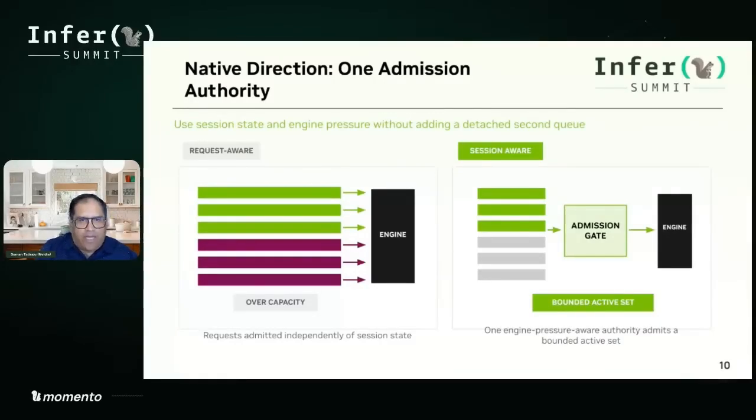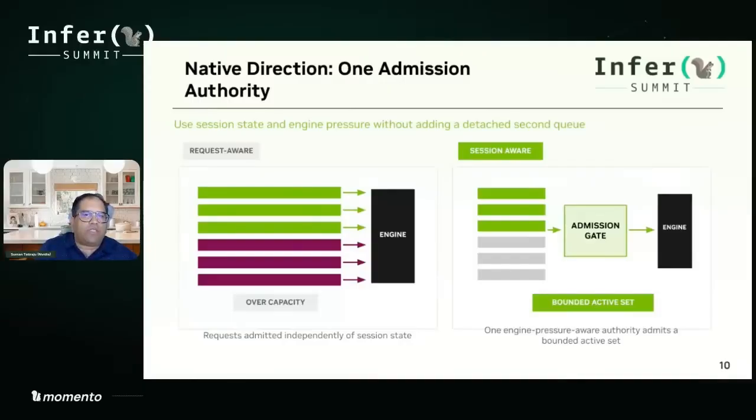To enable that, in our experiments, it ended up having an additional queue, shown in purple here, in addition to the current router queue, which was request aware. It was just an experiment to showcase whether a session aware router would actually improve anything.